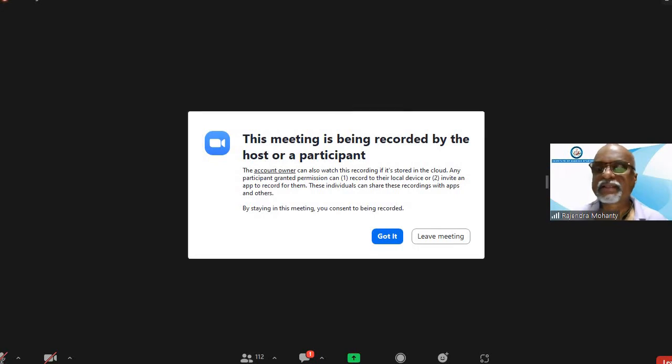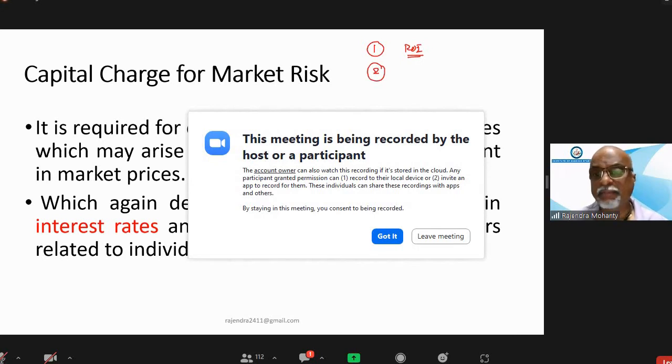Second thing, it may also happen due to adverse change in the factors related to the individual issuer. Securities means shares or debentures or bonds which are issued by some other concern. Maybe a government has issued, maybe a corporate has issued, maybe another bank has issued. So for all these shares, debentures, bonds, there has to be an issuer, and the bank has invested in that.